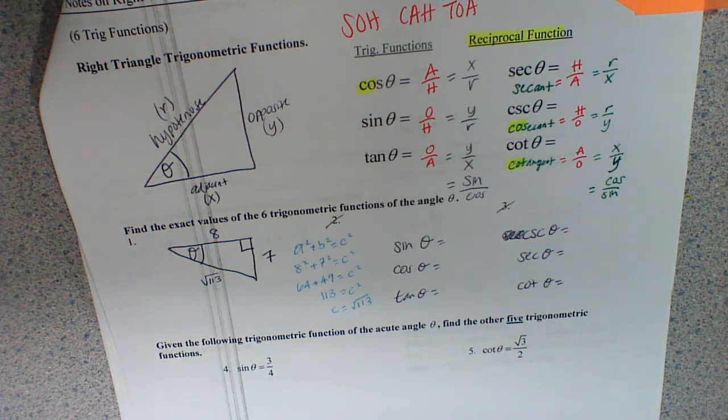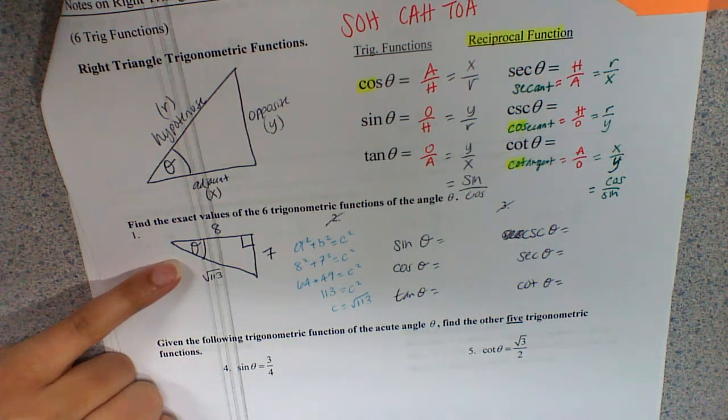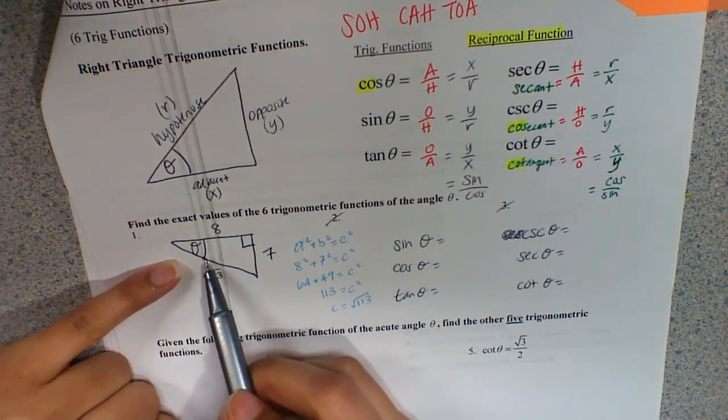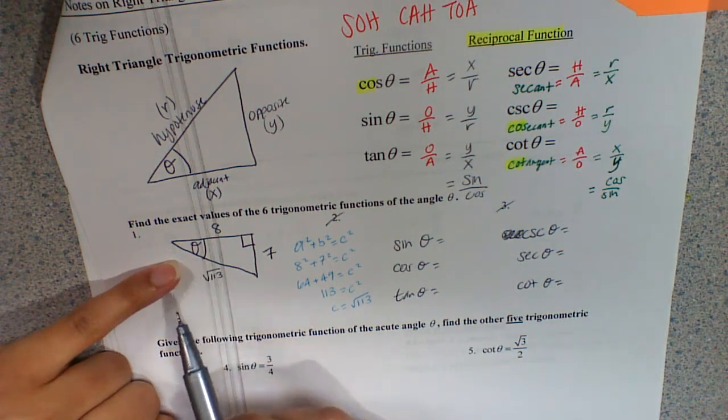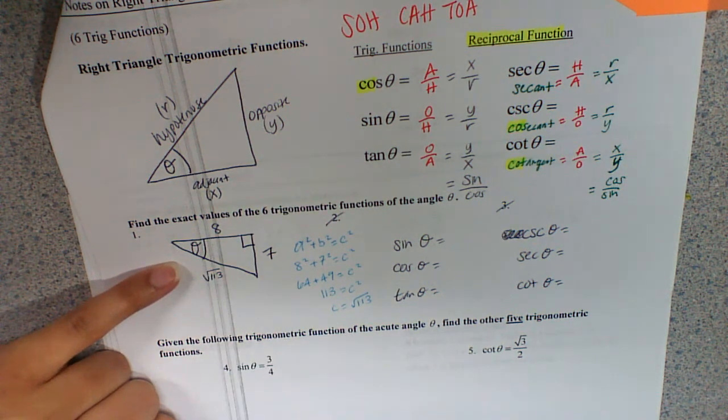Now here's the thing. I need to really pay attention to the way this triangle is drawn, because if we don't, we're gonna miss something really, really important. Take a look at where this angle is. If you've been observant, you might have noticed that typically theta, the angle, is always nearest the origin.